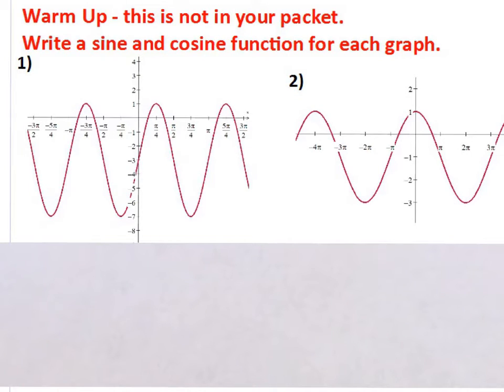Okay, so for number one, I'm first going to figure out the amplitude and the midline, which will give me the K value. So the middle is here at -3.